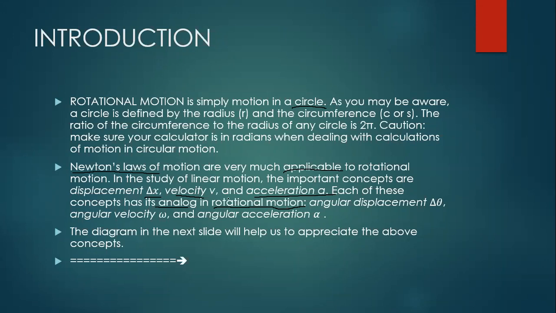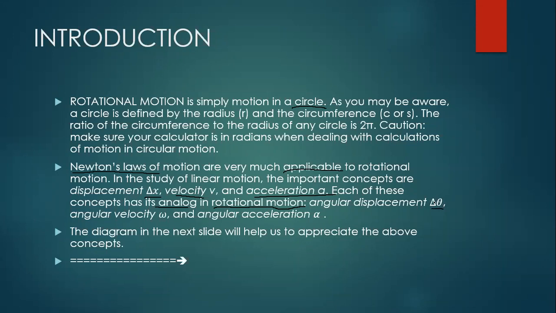You are familiar with motion in a straight path, where parameters such as distance, velocity, acceleration describe the motion of an object. But then we'll be talking about other parameters that are analogous to these, which are, instead of distance in rotational motion, we'll be looking at the change in the angle.